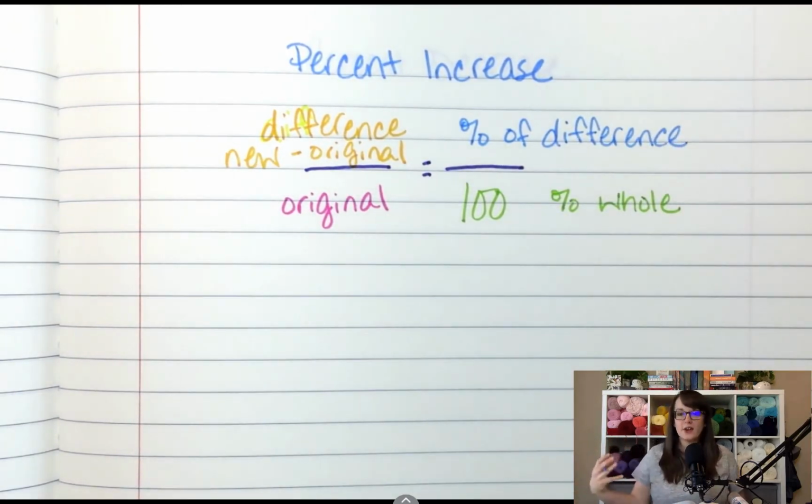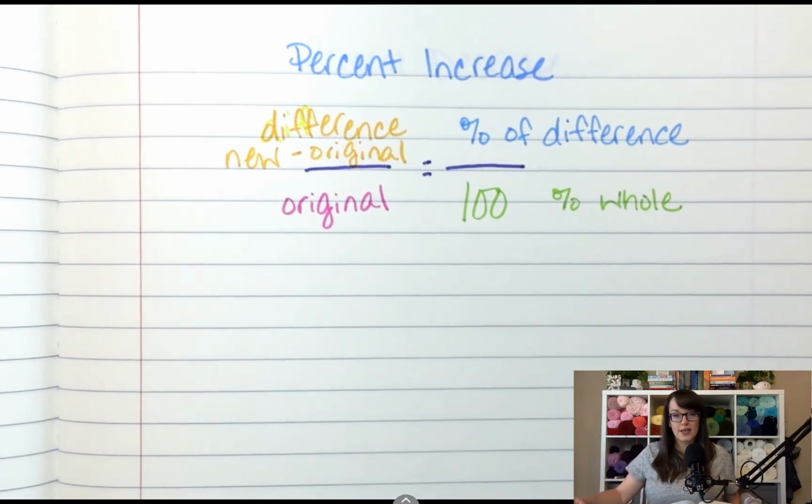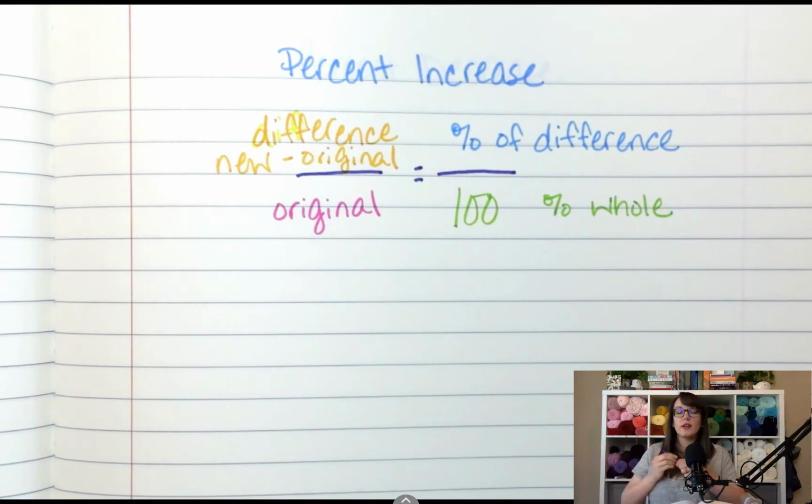Now, things that are percent increase. Examples, taxes. When you mark up a price, like if you have a store and you're selling stuff, you might add money to the price. So you buy something for so much and you're going to mark up that price.